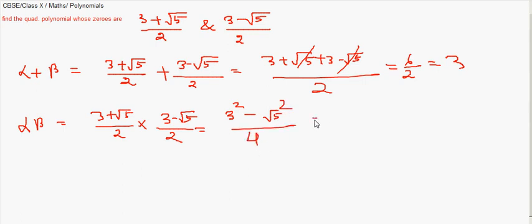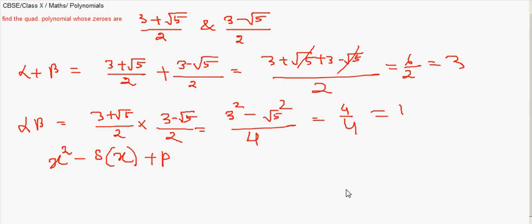So it is 9 minus 5, 4 by 4, equals 1. Now to find the quadratic polynomial, remember it is x square minus sum into x plus the product of the zeros.